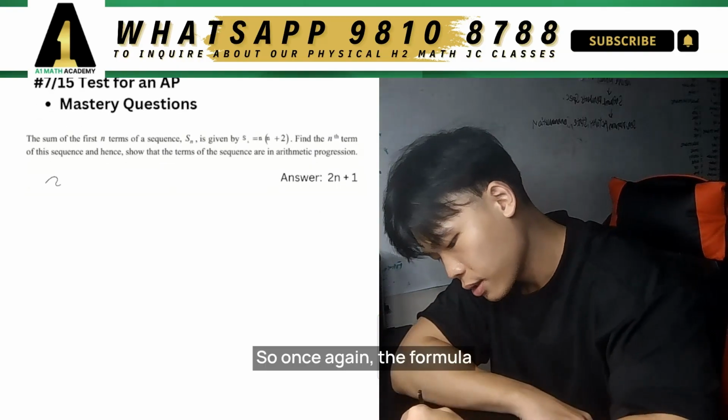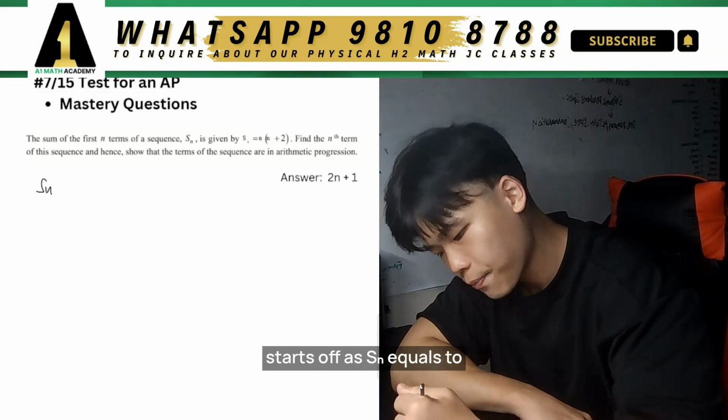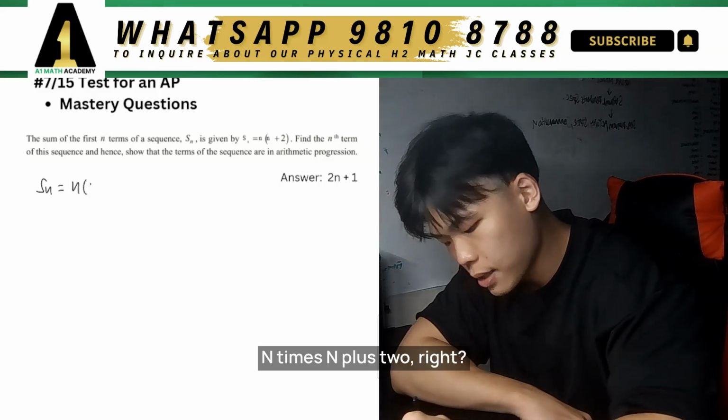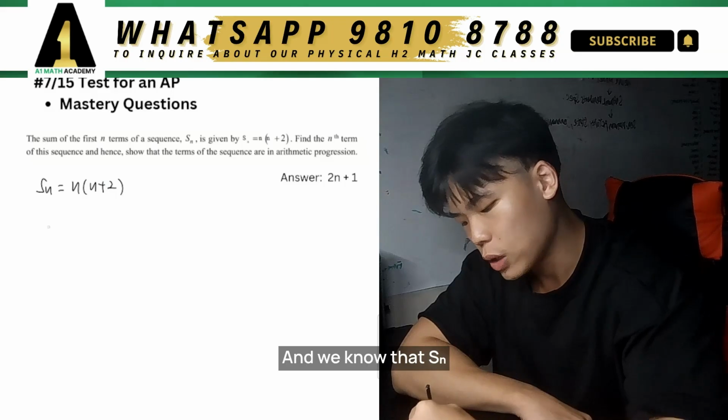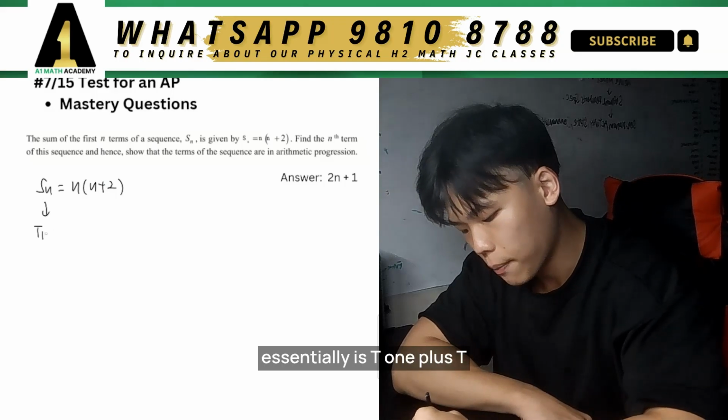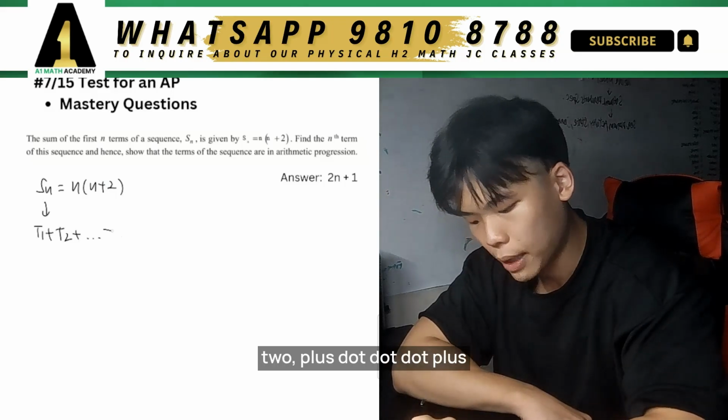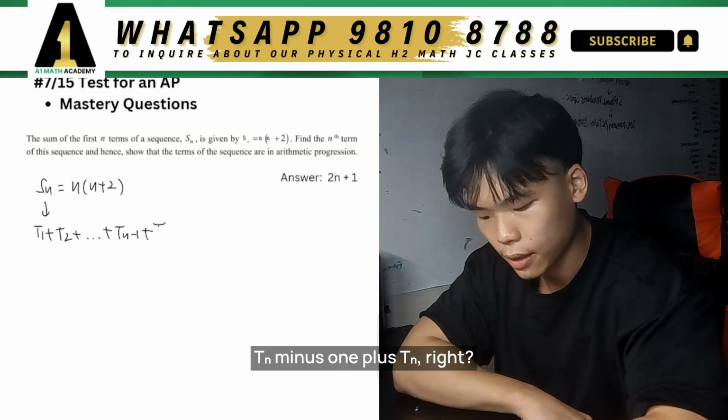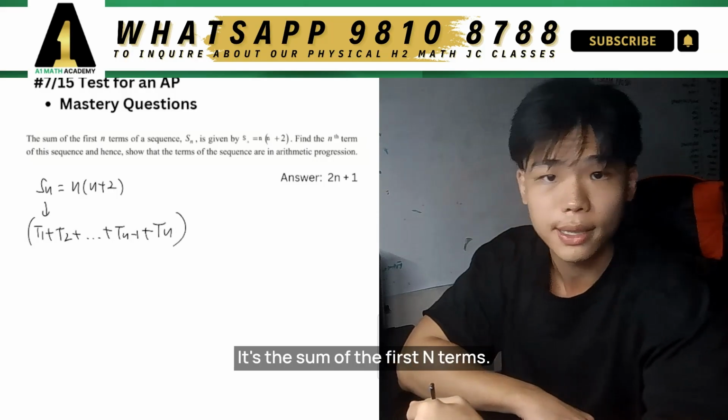So once again, the formula starts off as Sn equals n times n plus 2. And we know that Sn essentially is T1 plus T2 plus ... plus Tn minus 1 plus Tn. It's the sum of the first n terms.